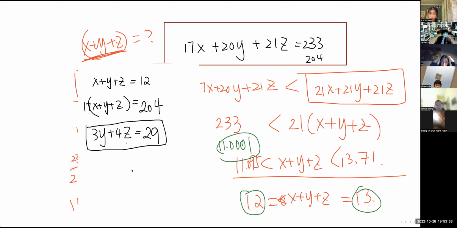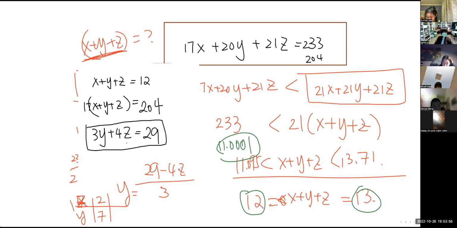Ivy, remember, right? So y equals 29 minus 4z over 3. So let's see, z and y. When z equals 1, 25 divided by 3, no. When z equals 2, yes, y equals 7. When z equals 3, no. When z equals 4, 13 divided by 3, no. When z equals 5, yes, y equals 3.